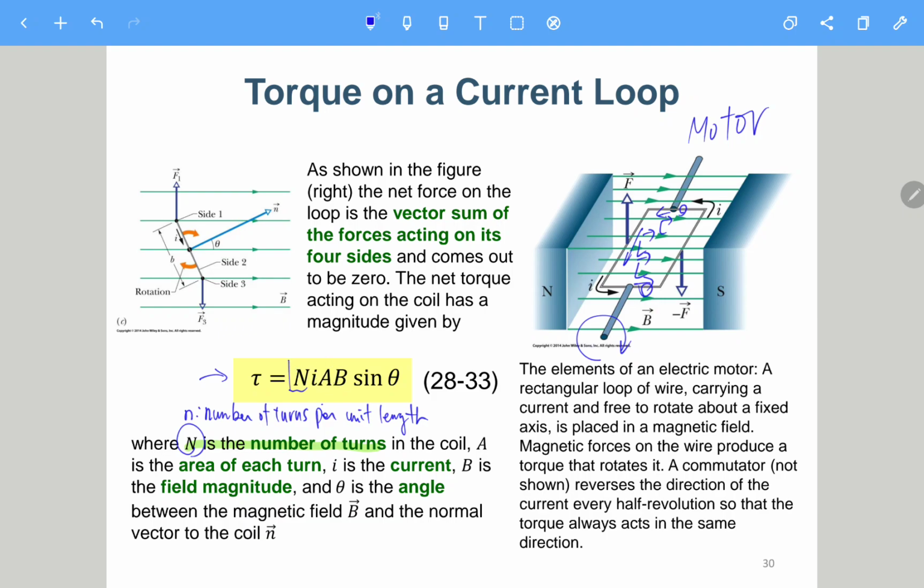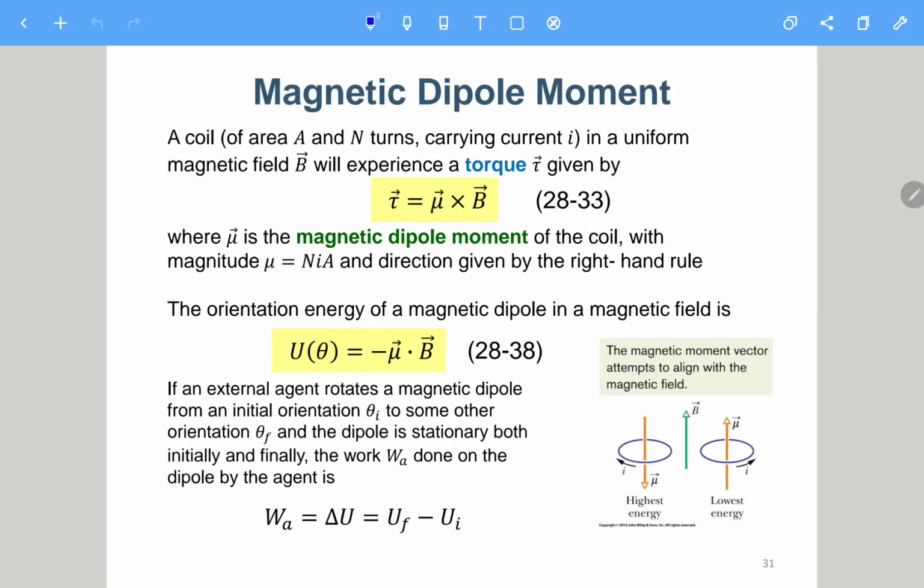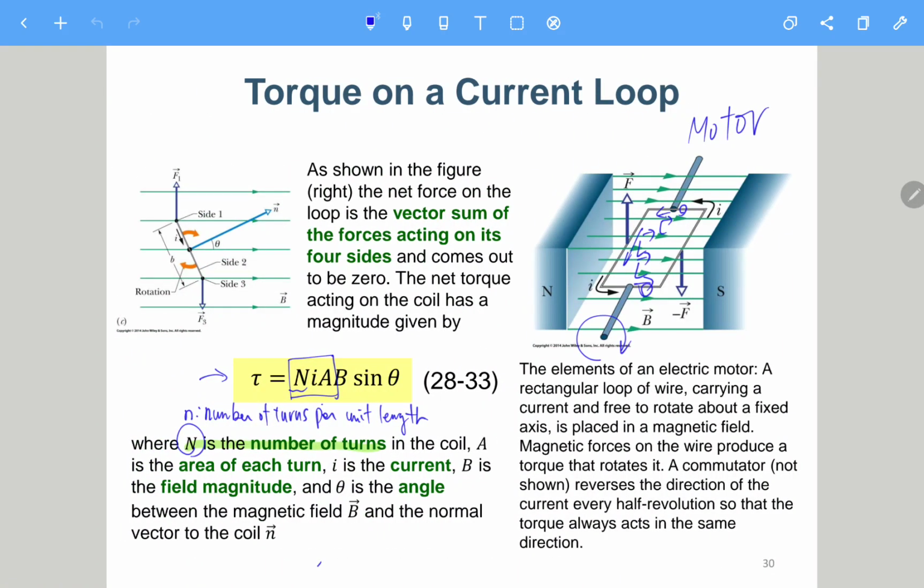Later on we will define this NIA to be a variable called mu. This mu is called the magnetic dipole moment, which is N times I times A. A is the area, and it becomes an area vector.